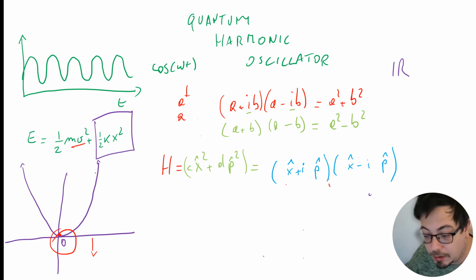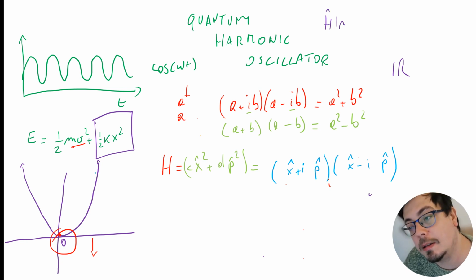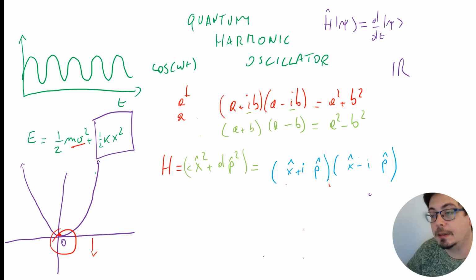By the way, I forgot to remind you, the equation is always i h bar times the derivative over time of psi of x and t. But this is the evolution of our solution.